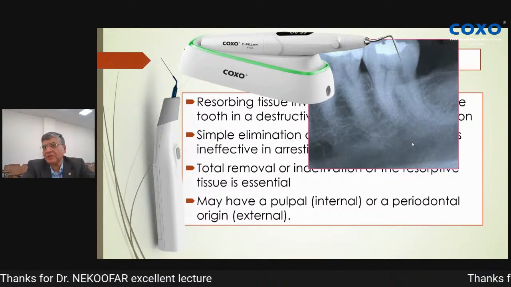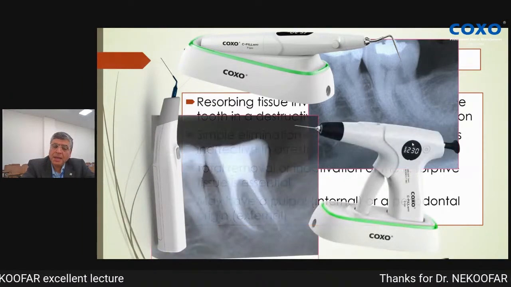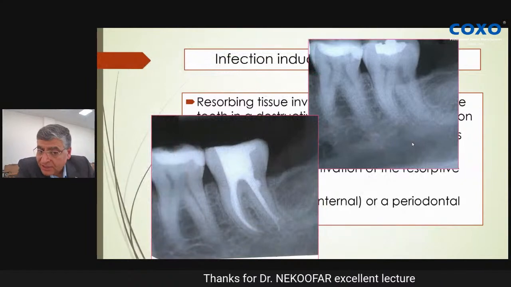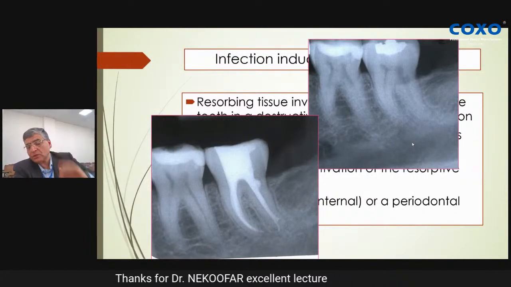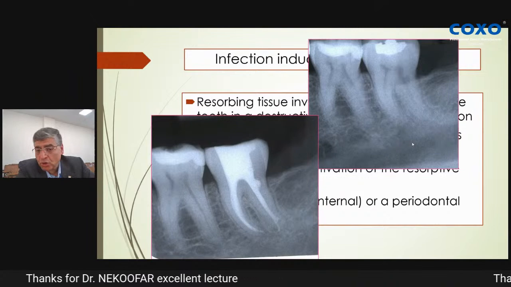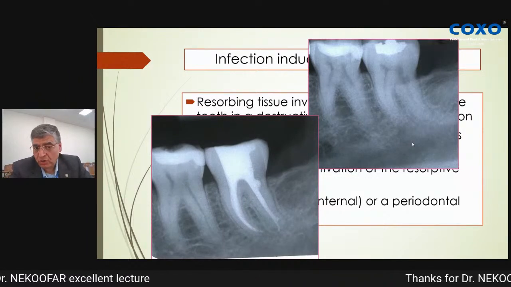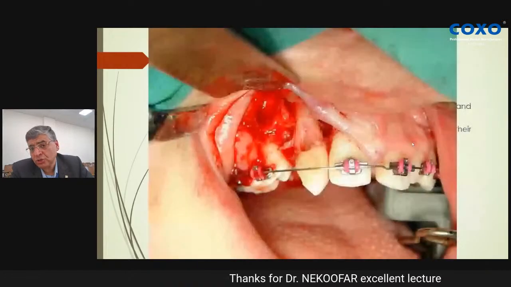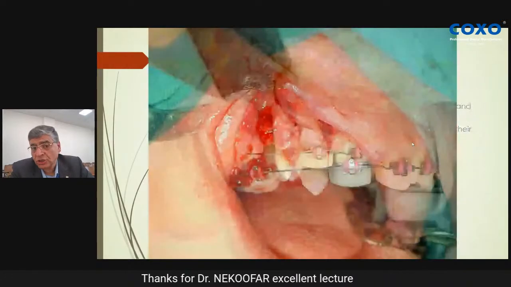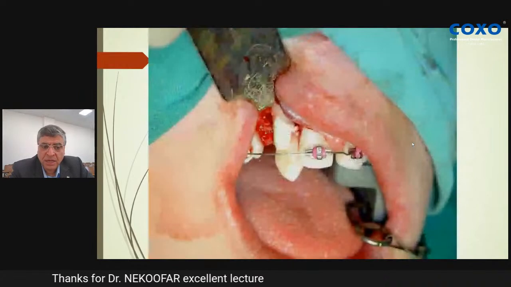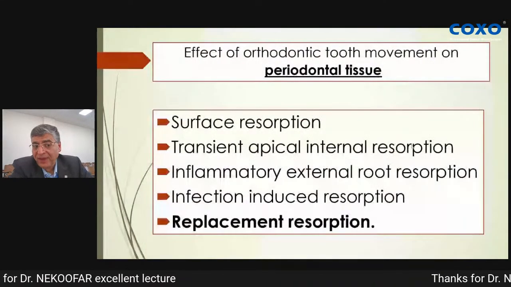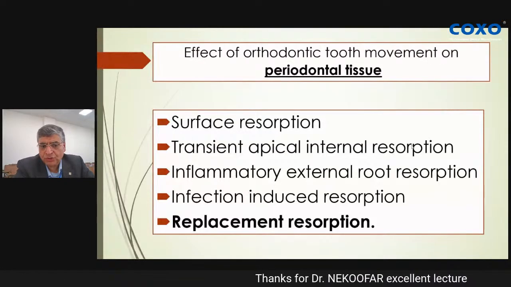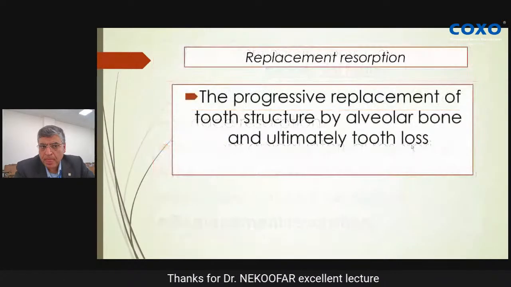We may use different types of warm packing technique to make sure that we seal the root canal system properly, because this is also very important. But the prognosis is not very good, and we need to keep an eye on the outcome. Sometimes we need surgical intervention to make sure that we get rid of the infection-induced resorption cells.